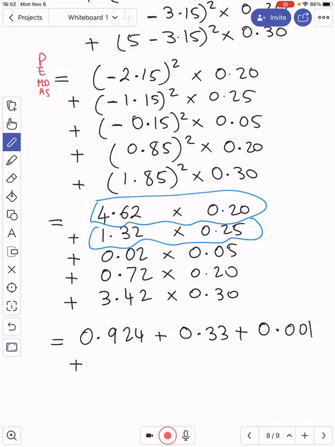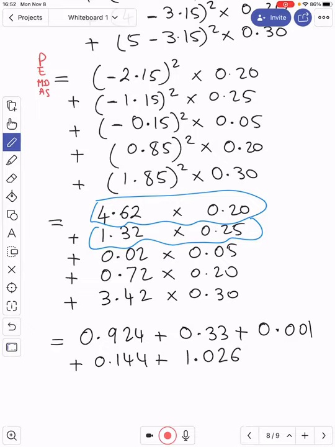And then 0.72 times the 0.2, that'll be equal to, let's say, 0.144. Anyway, and then finally 3.42 times 0.3, that'll be equal to 1.026, I think.